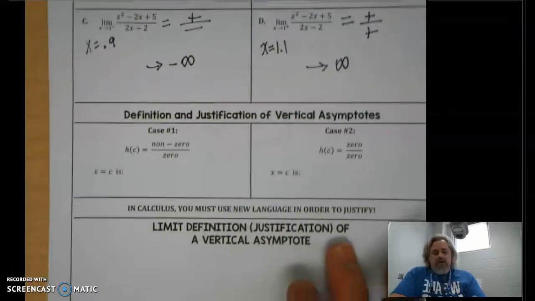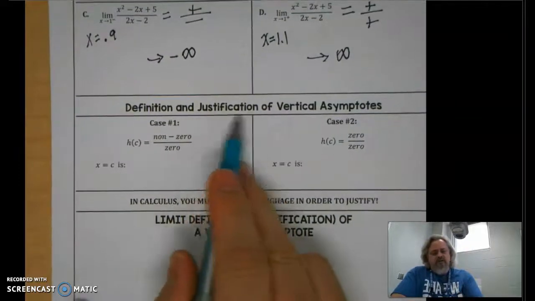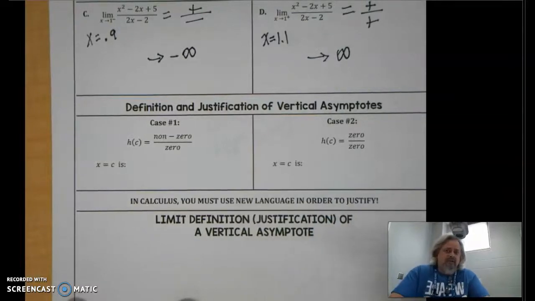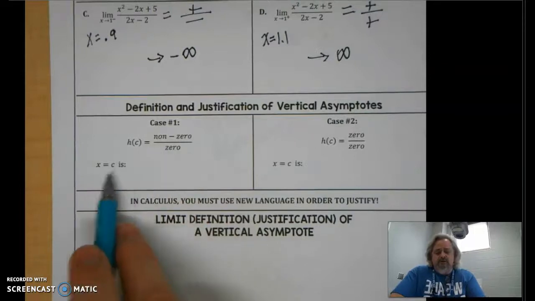Now here, where they're talking about these cases, this is really not much of a stretch as far as how you justify where there's a vertical asymptote. Essentially, anywhere you have a vertical asymptote, you have to have a 0 in the denominator. So that's exactly what they're showing you here.